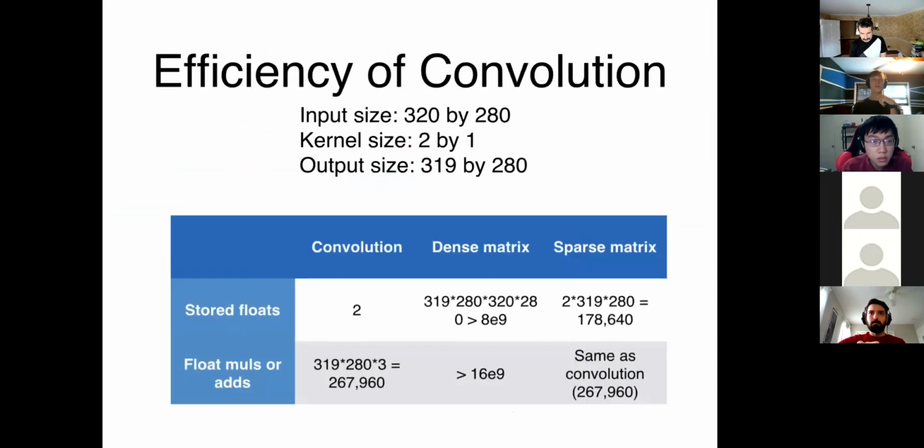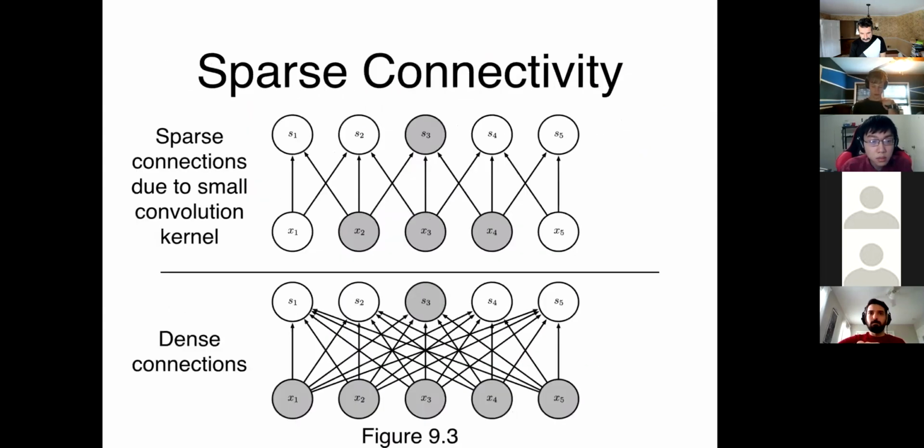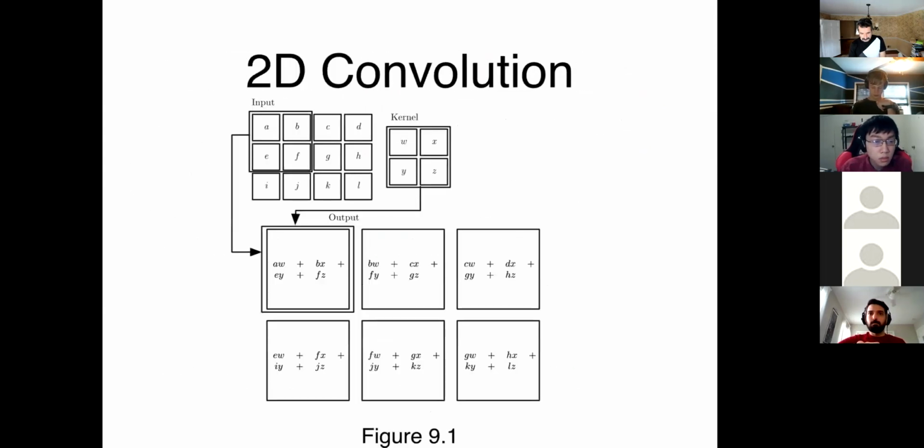Going back to what we discussed earlier, we move the kernel from here to here and then here. So we have this local property when we move the kernel around.